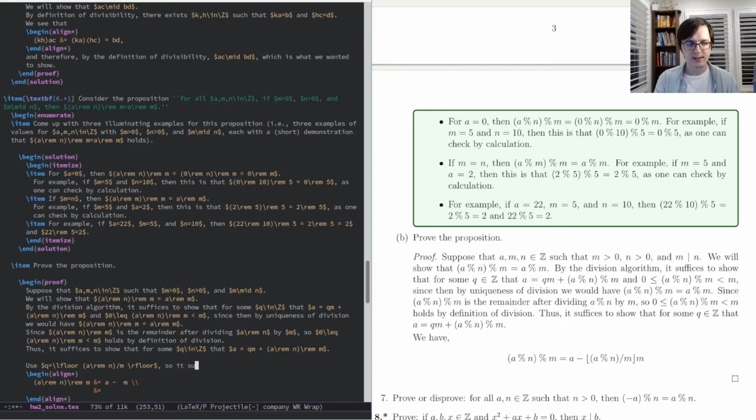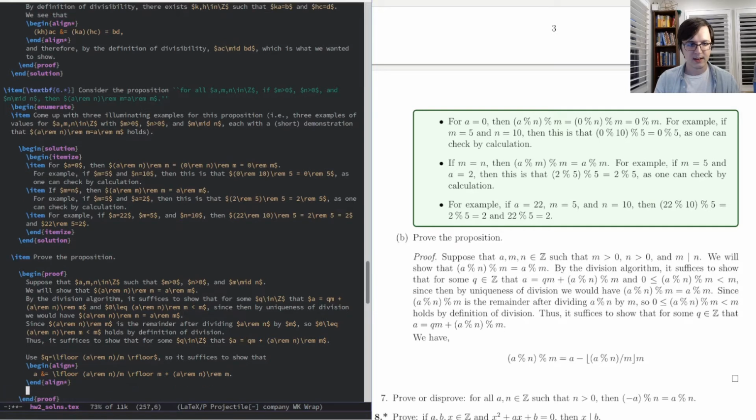So it suffices to show that a equals q m plus this. And this is true since, well, this is the equation for division.